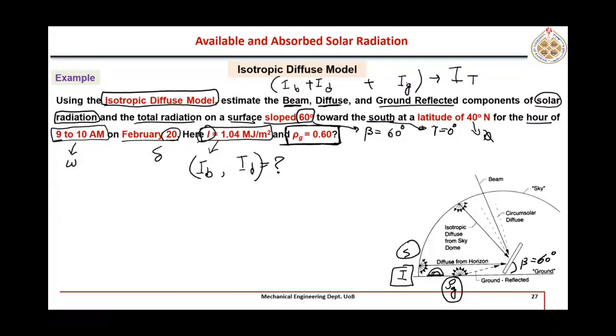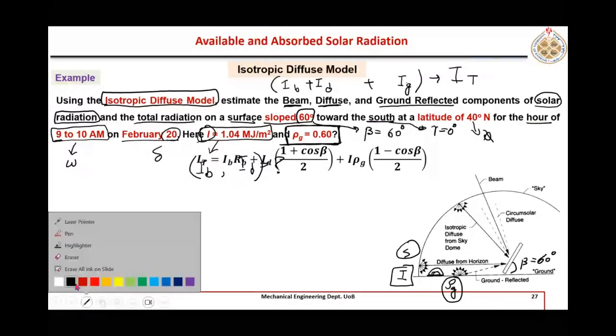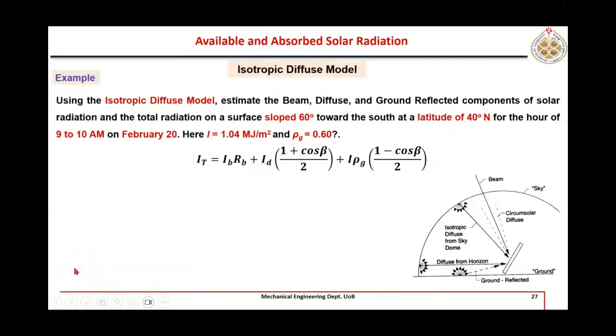So the main equations which are used to solve this problem are mentioned here. This is what we need to find out: the total radiation falling on a tilted surface. So for that, we need to know how much of beam part is reaching on that surface, how much is diffuse part.